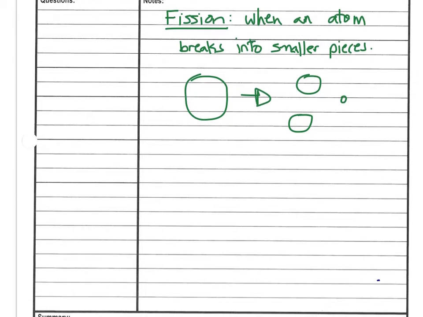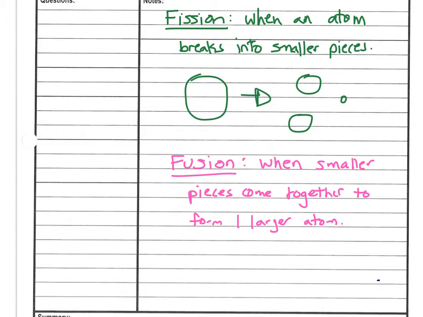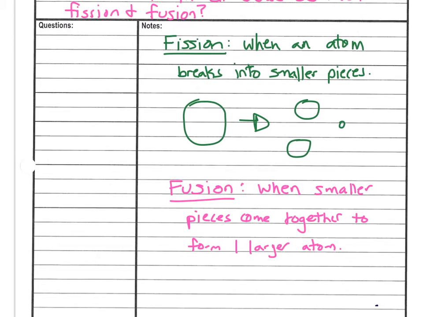So we'll scroll up a little bit and then we'll talk about fusion. Now fusion is actually the opposite of fission. When smaller pieces come together to form one larger atom. Fission and fusion are similar in that they involve atoms, especially when we're talking about nuclear fission and nuclear fusion.